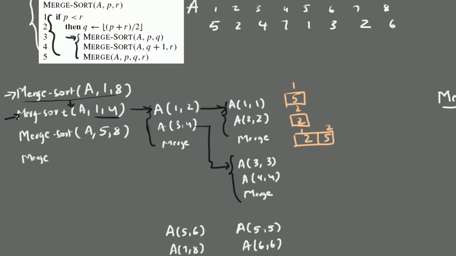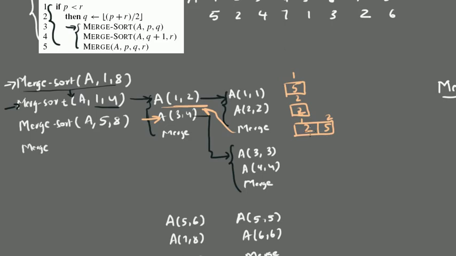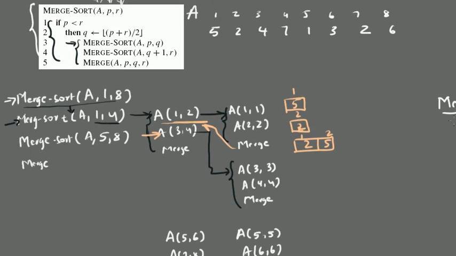So similarly, after this call is done, after merge is done, it returns back to this call, and then followed by the execution of this one here, which in turn calls 3 comma 3. Now in this case, A 3 has, well, 4 in it, so that's 4 in A 3, and A 4 has 7 in it.